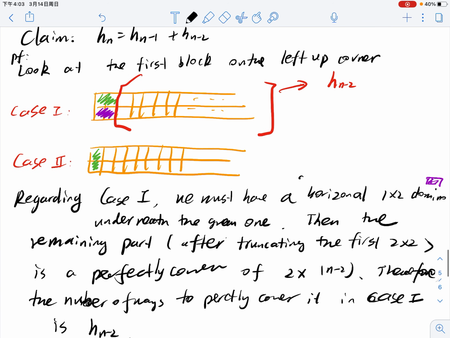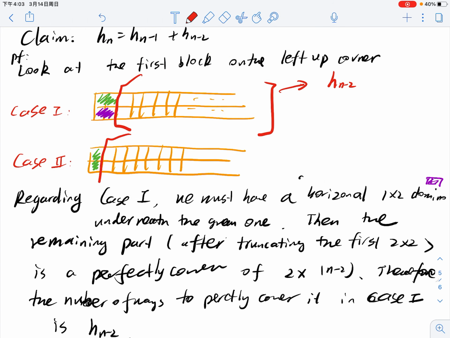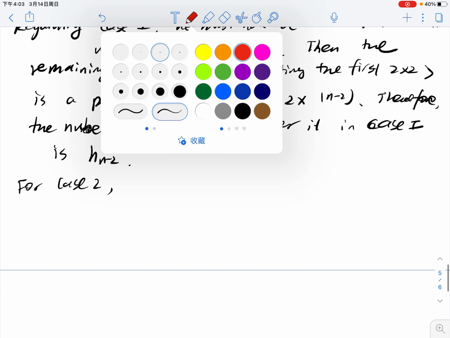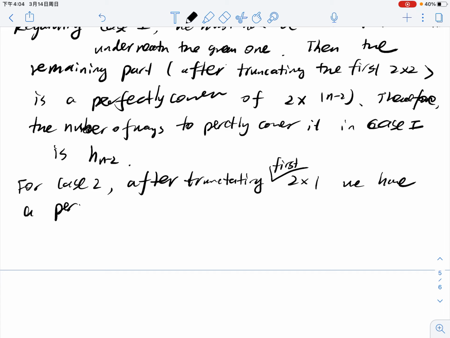And then for case 2, you will see after you truncate the first 2 by 1 domino, we have a perfect cover of 2 by n minus 1.